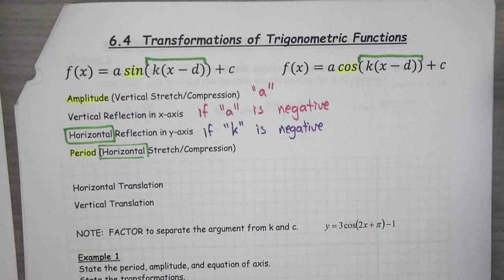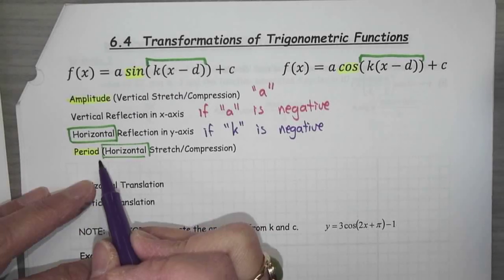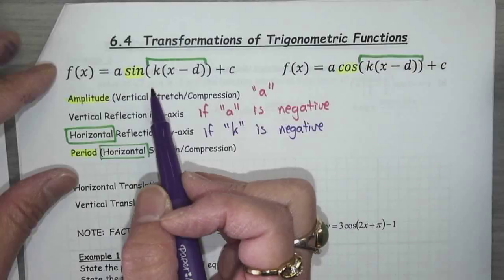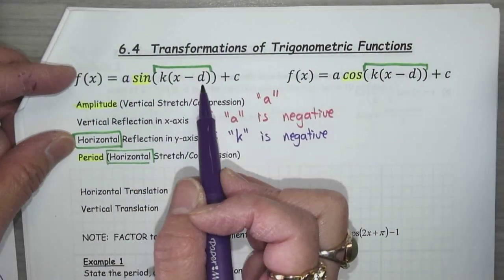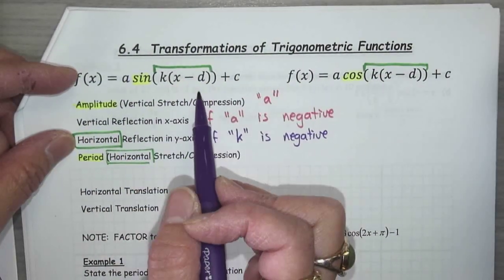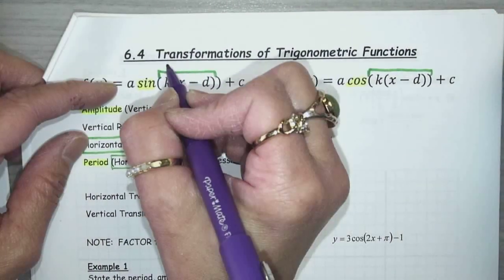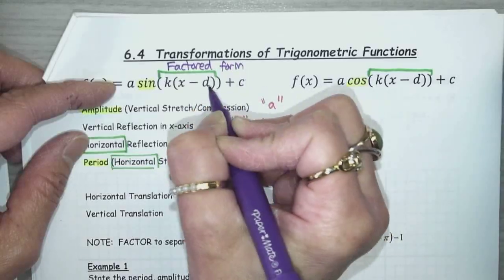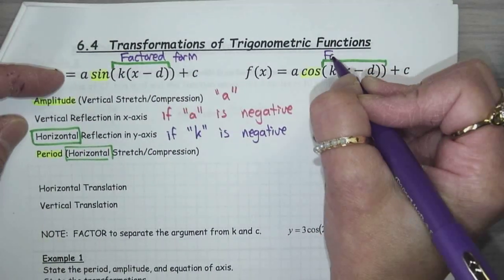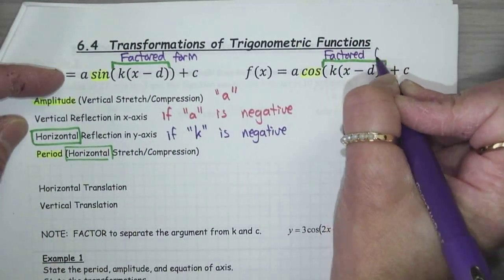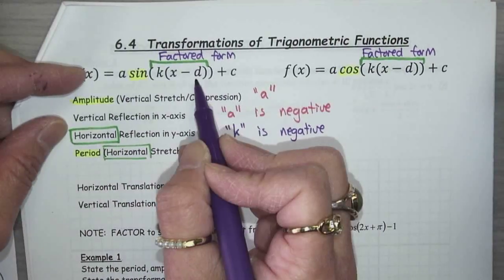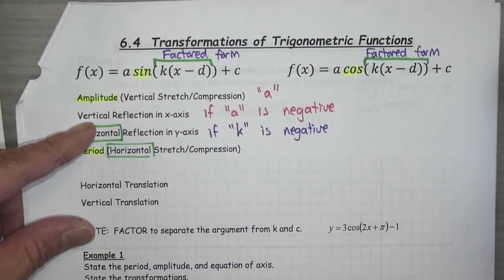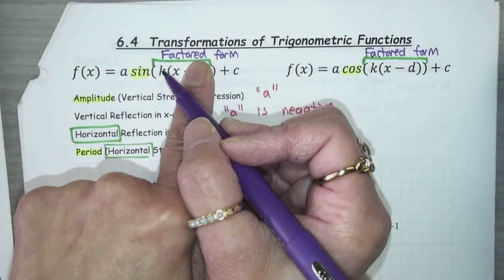Now, what else do we want to know? We want to know that for the period, this K value here, the K must always be factored out from the horizontal translation. So this part here must be in factored form if there's a D. If there is a D value there, we must common factor out the K. If there's no D value, that's okay, because it would just be Kx.